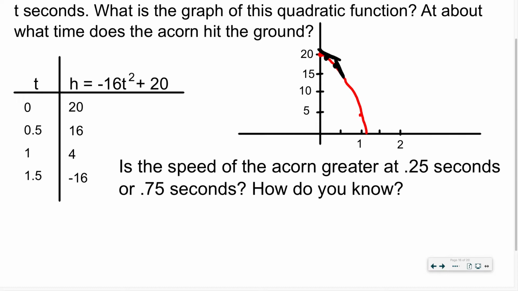Yeah, we're actually steeper later at 0.75, and it's probably a little bit easier to see if I compare 0.25 seconds to 1.5 seconds. If you had to draw that line, it's not really moving that steep at first, but then it really starts to speed up.